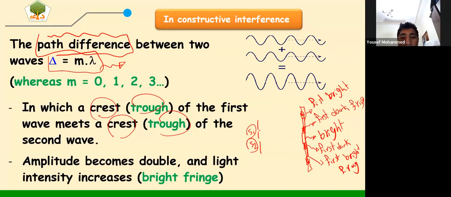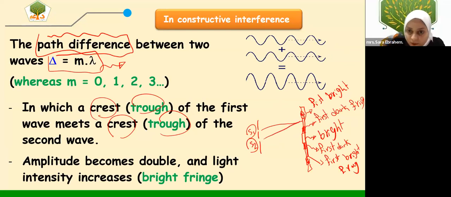Look, that's the path difference to a bright fringe. We talk about constructive, so we will take the path to bright.